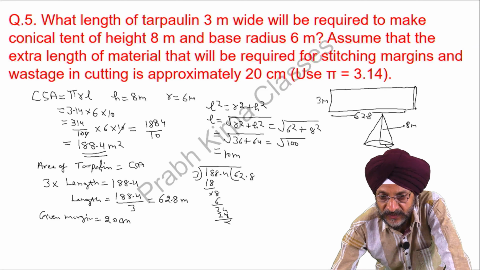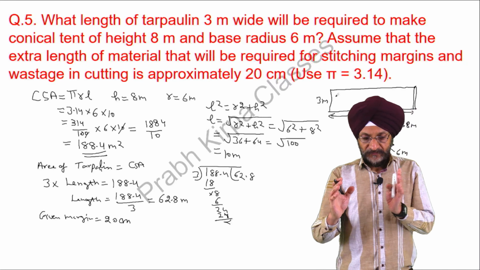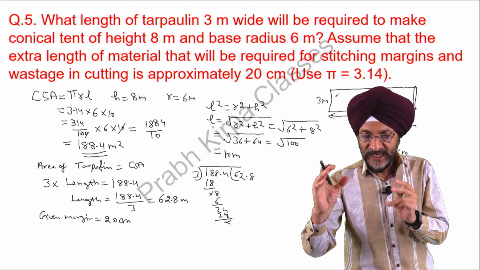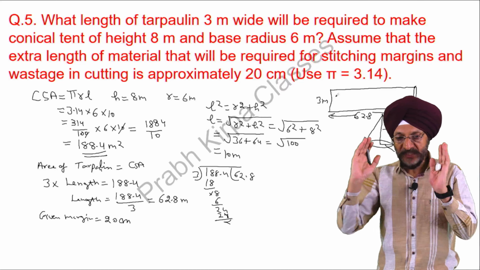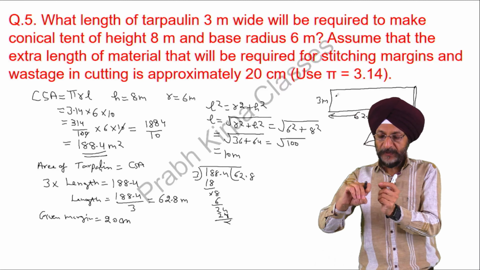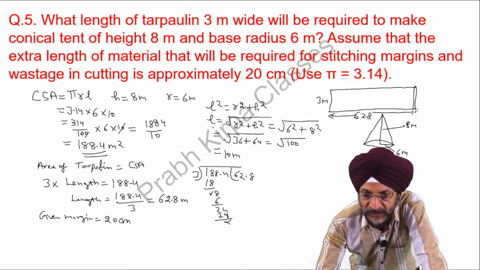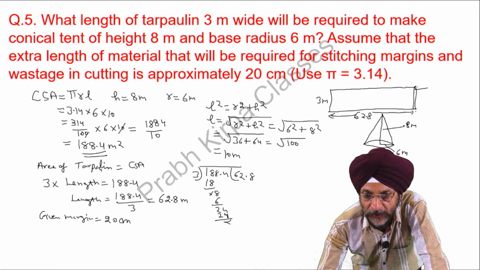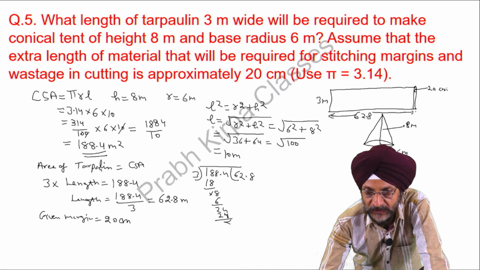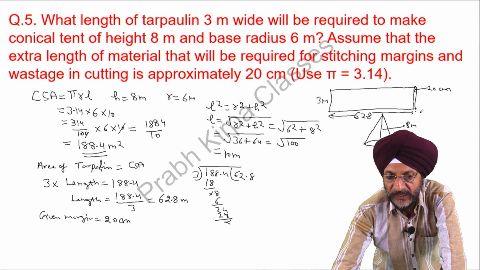The cloth which is actually used for covering the curved surface area is what appears to us outwardly, but the cloth which has gone inside or has been wasted is in addition to this 62.8. This is 20 centimeter. So when we add 62.8 plus 20 centimeter, the actual value of the length of tarpaulin will come out.